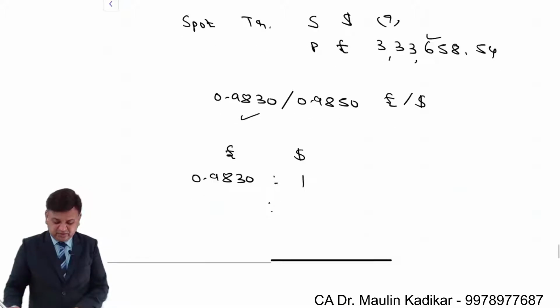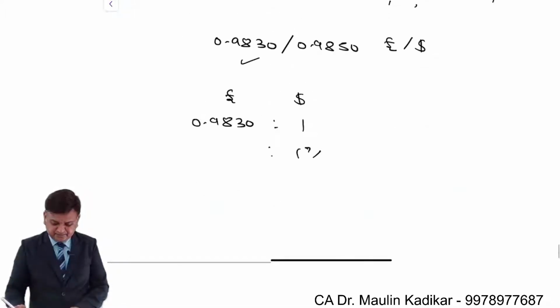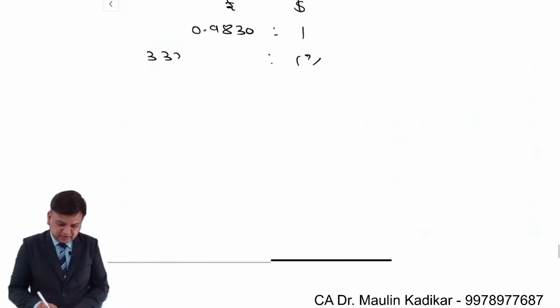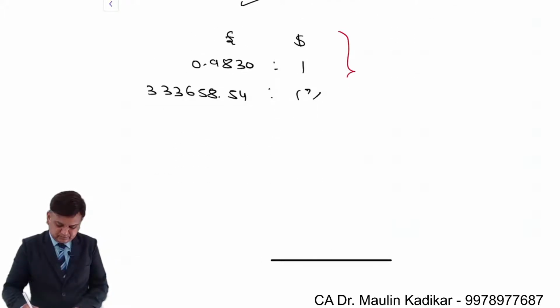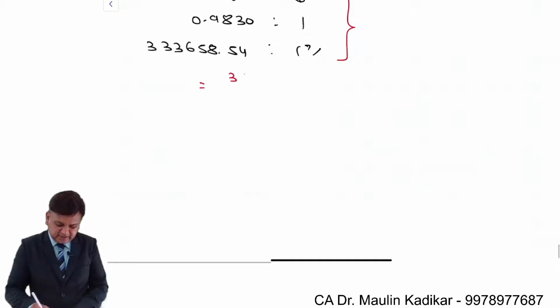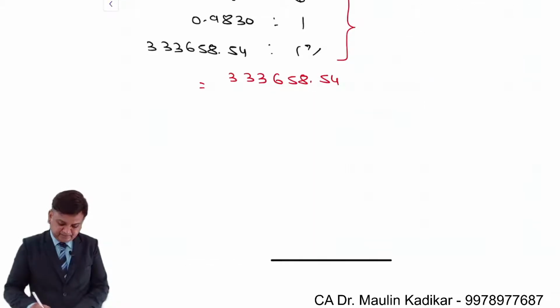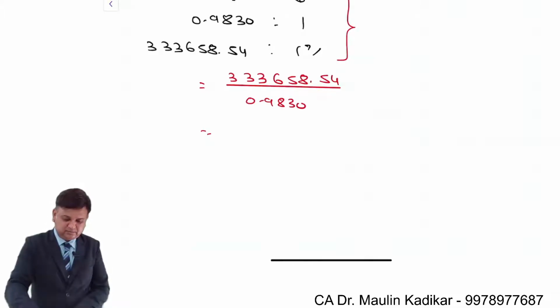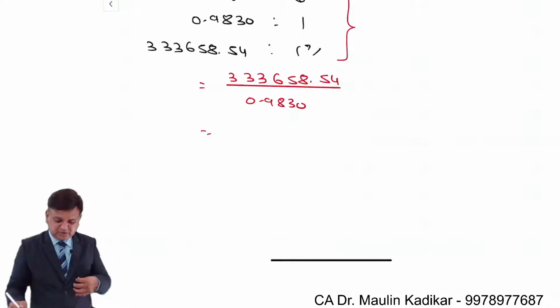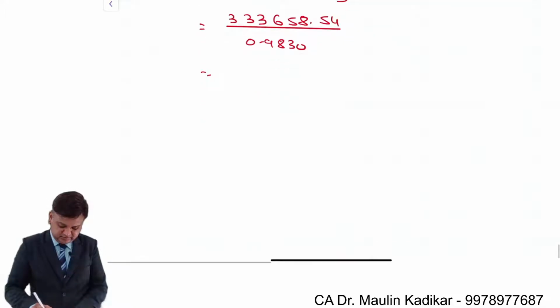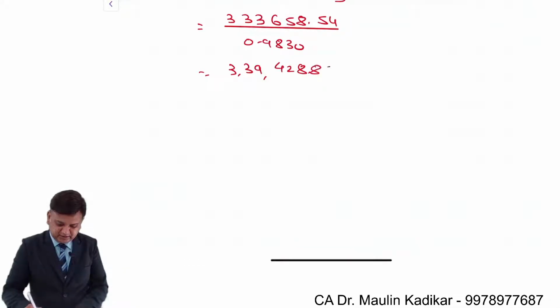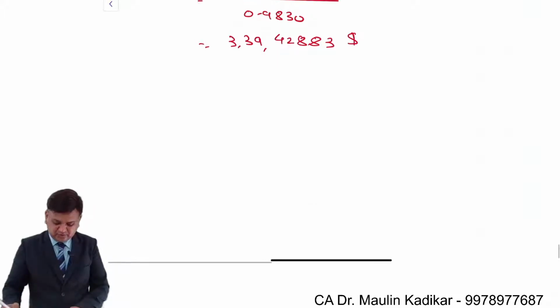So for this amount of pound, how much dollar is to be sold will be the question. 3,33,658.54 divided by 0.9830 comes to 3,39,428.83. This is the amount of the dollar to be sold.